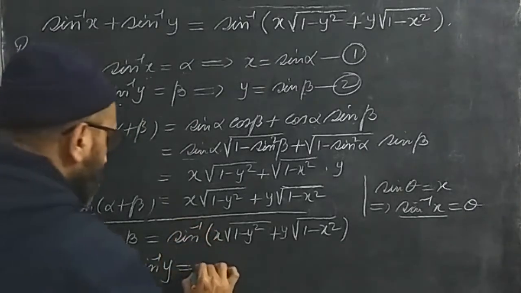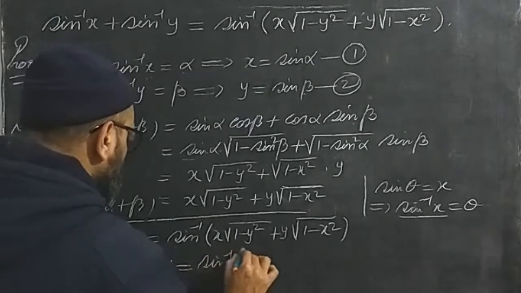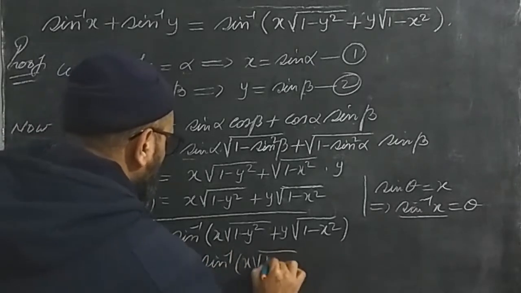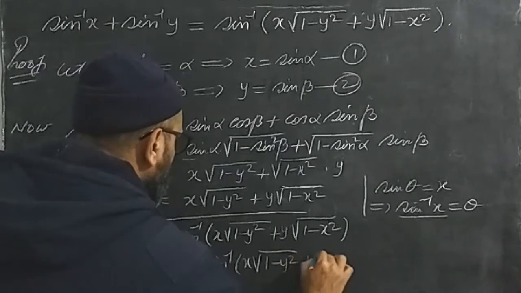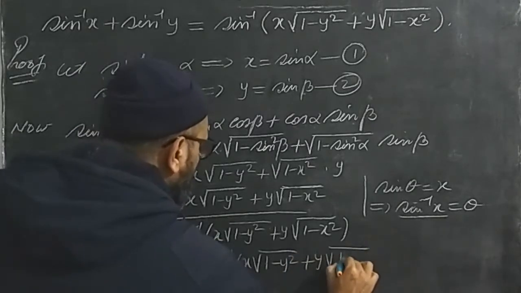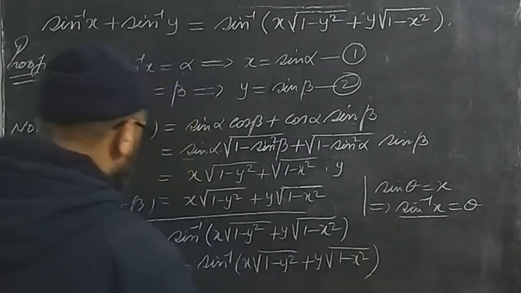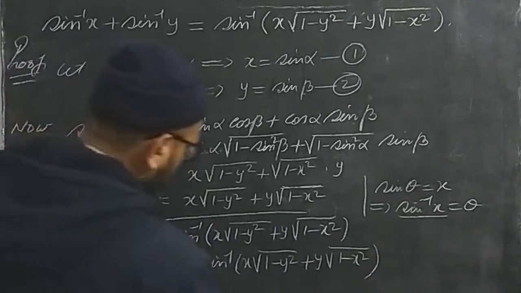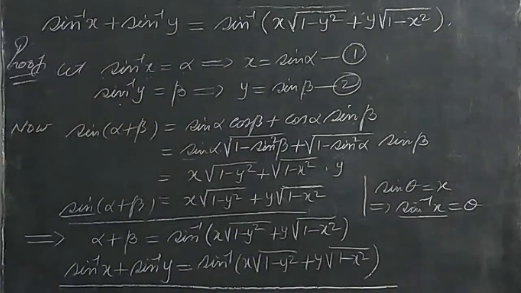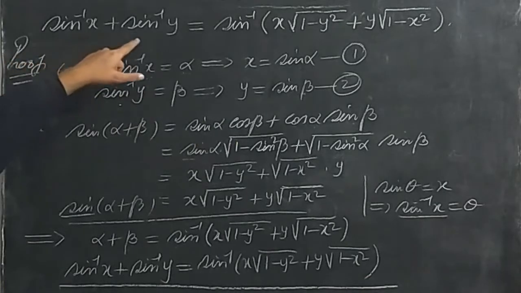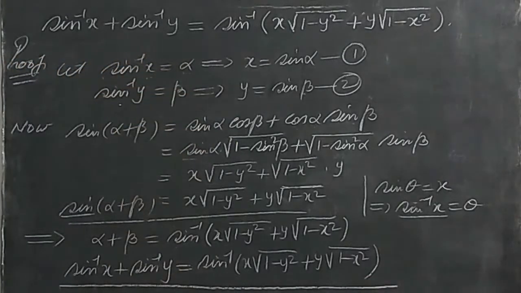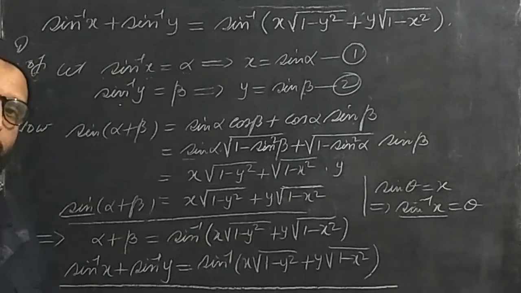And on the right hand side we write the same expression, sine inverse x under root 1 minus y square plus y under root 1 minus x square. So here we get our standard formula, sine inverse x plus sine inverse y is equal to sine inverse of bracket x under root 1 minus y square plus y under root 1 minus x square.